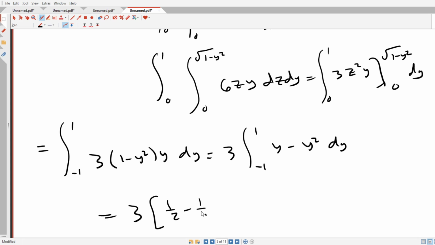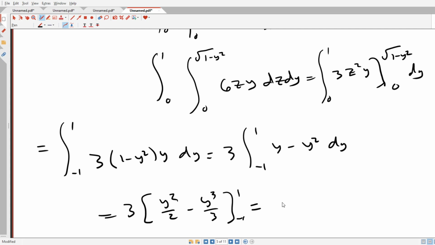So this is going to be 3 times y squared over 2 minus y cubed over 3 from -1 to 1, equals 3 times 1/2 minus 1/3 minus 1/2 plus 1/3.